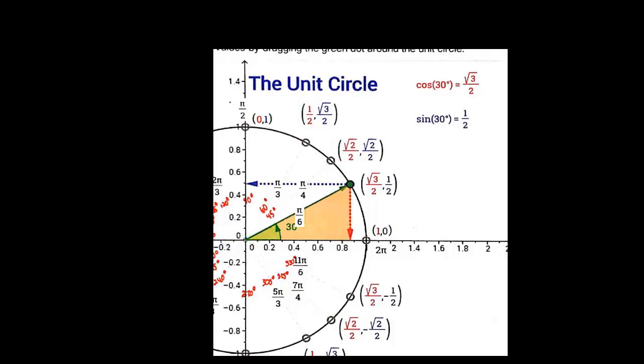So if we formed a triangle that was in this position here, we would have an x-coordinate of negative square root of 3 over 2. That would be the cosine of that angle. We would have a y-coordinate of 1/2, which would be our sine of that angle.